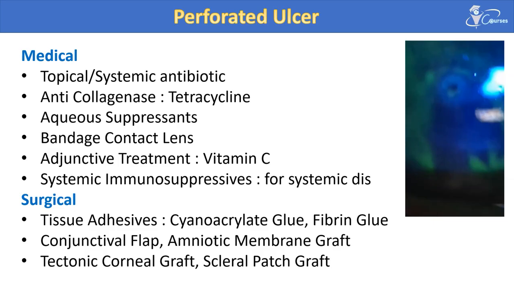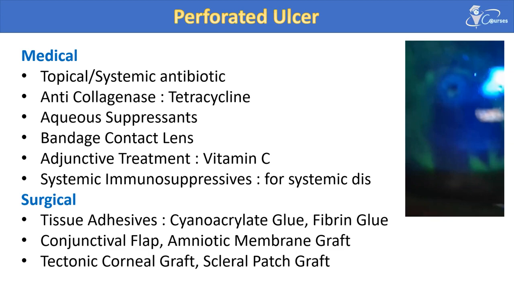But for larger and central ulcers, there are other surgical options. For example, if the ulcer is small, we have tissue adhesives like cyanoacrylate and fibrin glue, with different indications for each. For moderate ulcers, we have the conjunctival flap and the amniotic membrane graft.